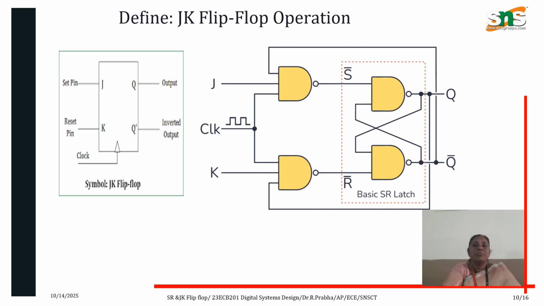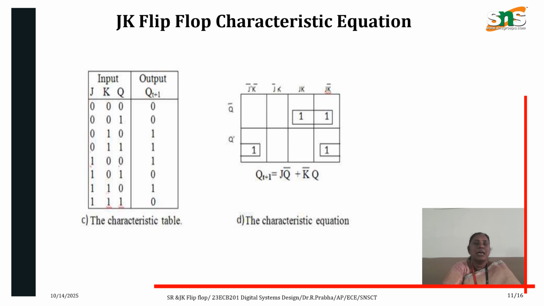Here, if we give input in this way, Q bar is given to J and Q is given to the input of the lower NAND gate, with K. We can eliminate the drawback of SR. So this is the characteristic table of JK flip-flop, and the characteristic equation: the next state Q(t+1) is J Q bar plus K bar Q, and this is the characteristic equation obtained from the Karnaugh map.